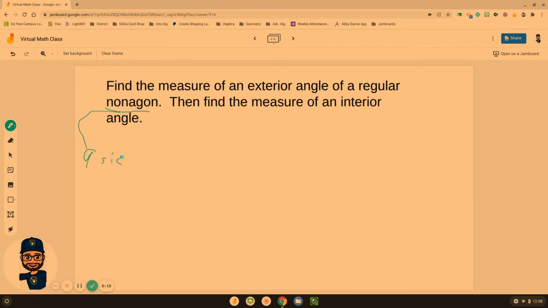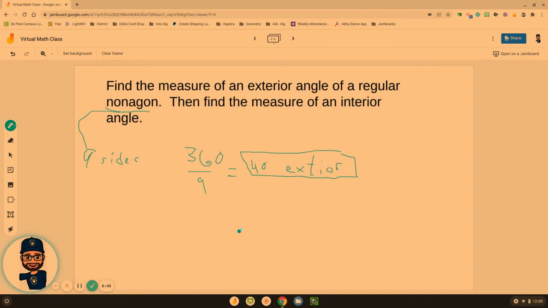If it's got 9 sides, that means we can do 360 divided by 9, which is 40. 360 divided by 9 is 40. That means one exterior angle is 40 degrees.